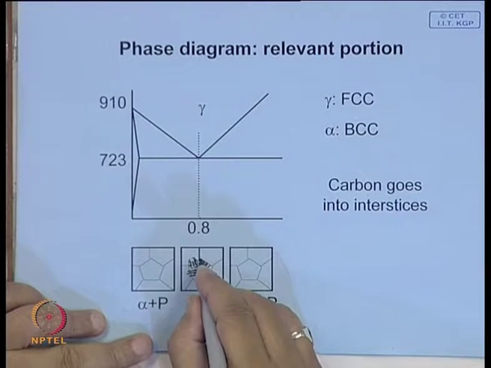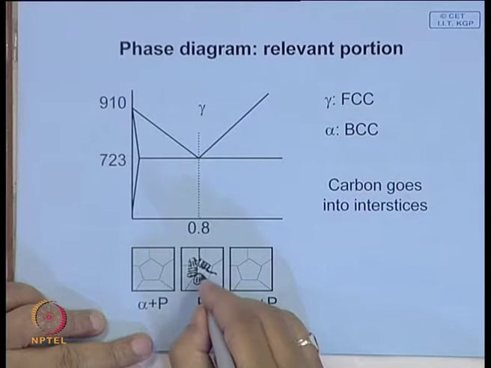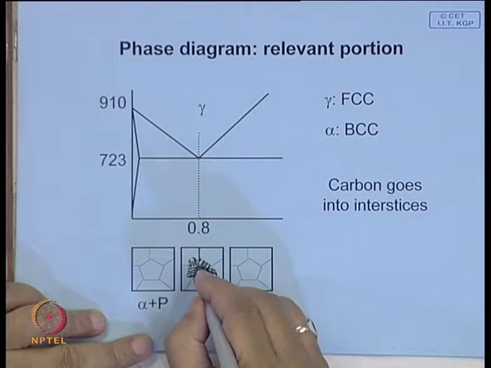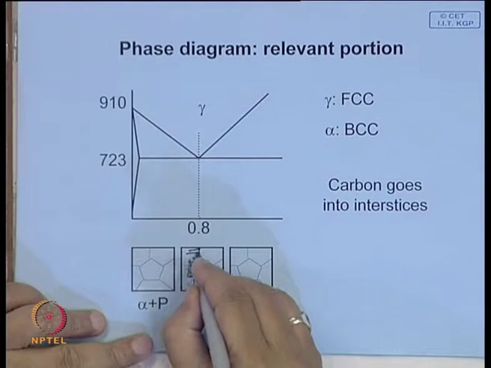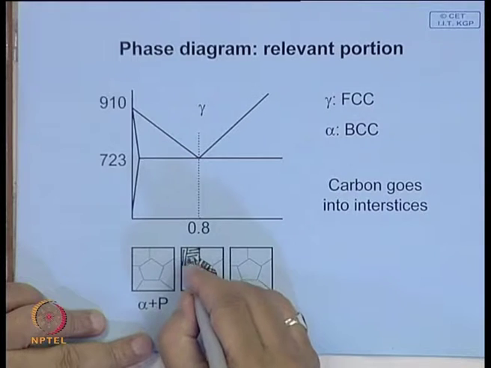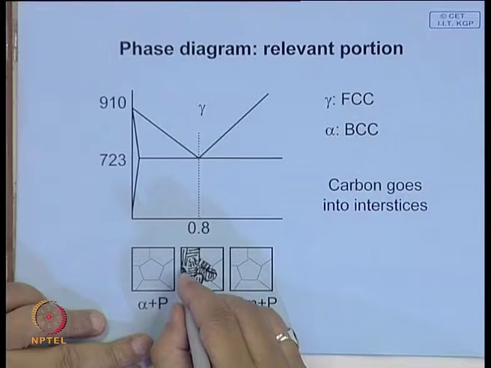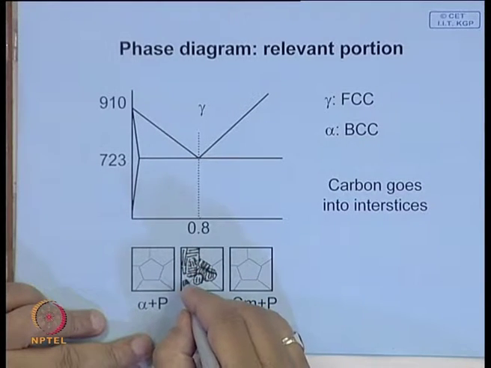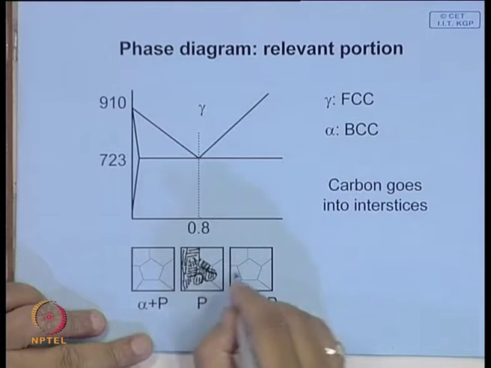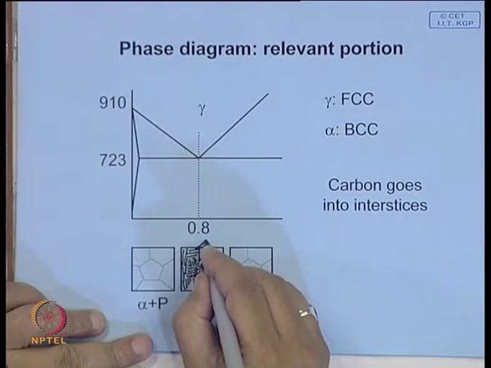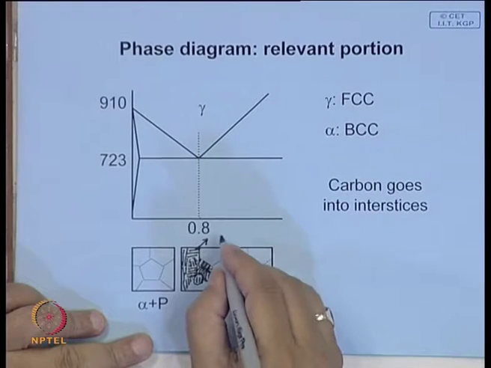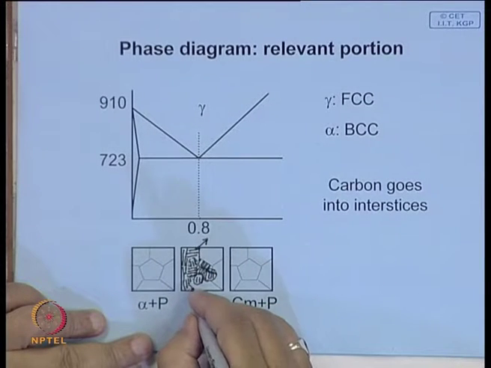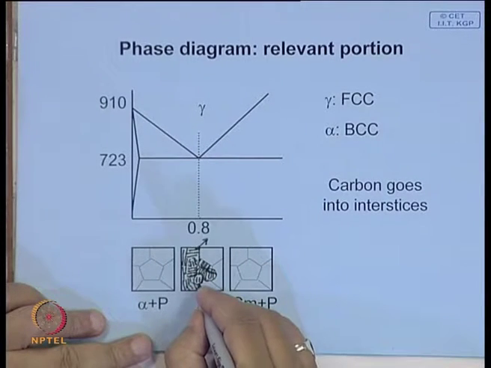So, within one grain you may find several nodules of perlite, which are made up of alternate layers of ferrite and cementite.